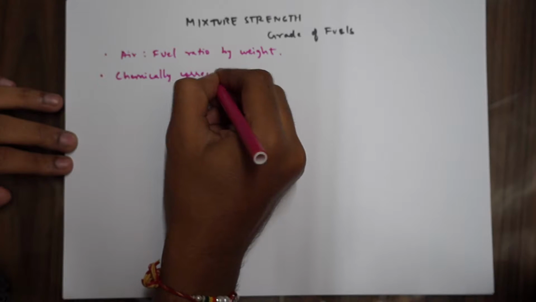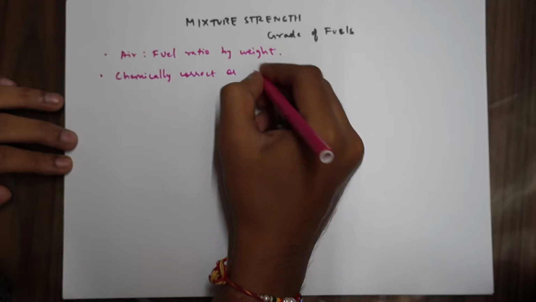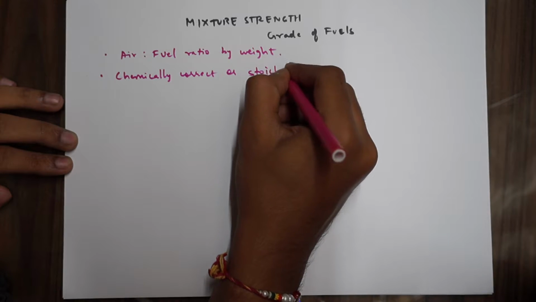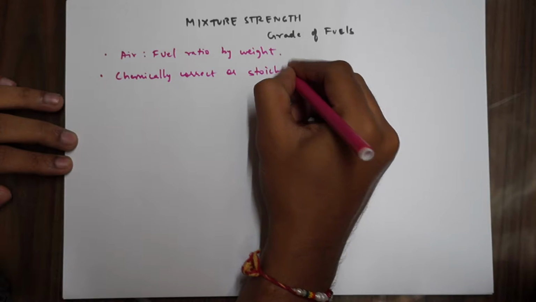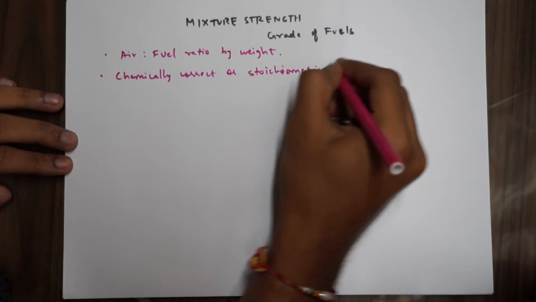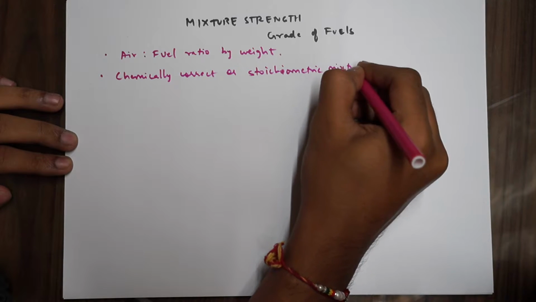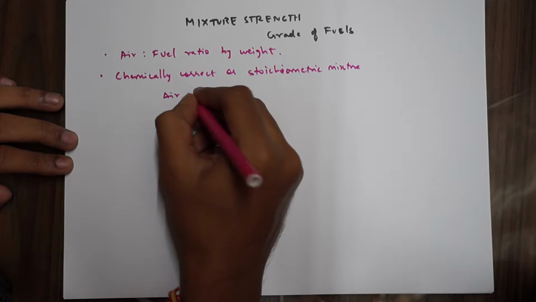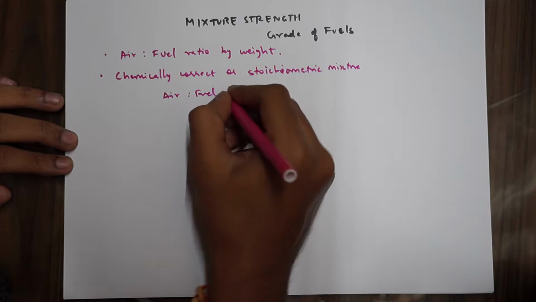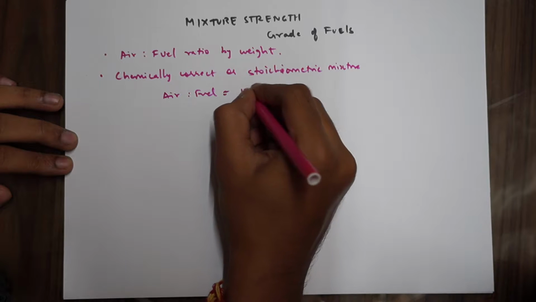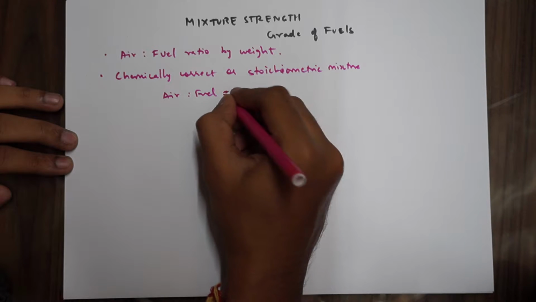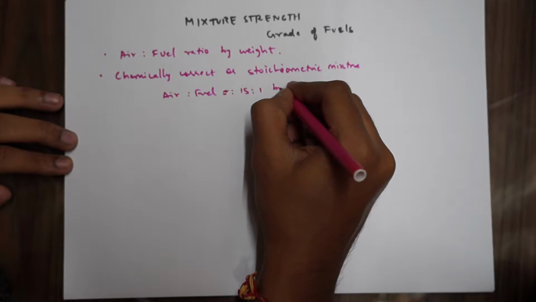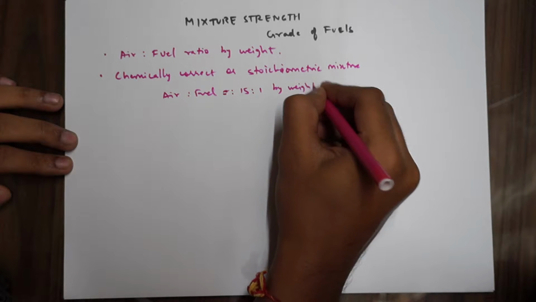Alright, so there's something called chemically correct or stoichiometric mixture, which is chemically correct, and this is air to fuel 15:1 by weight again.